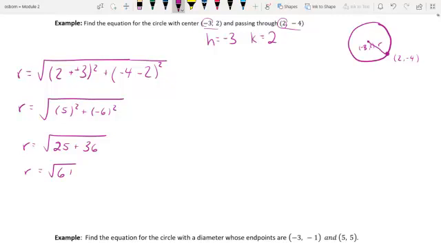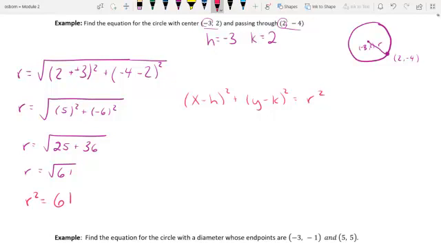Now recall, for our equation of our circle, we have (x - h)² + (y - k)² = r². So we're not concerned about what r is, we want r squared. If we know that r is the square root of 61, then by definition r squared would be 61, because I would square both sides.